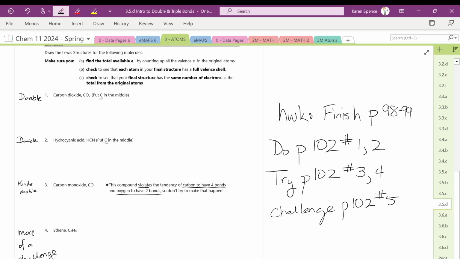Okay, so carbon. And we have oxygen. That makes so much sense. Another one.